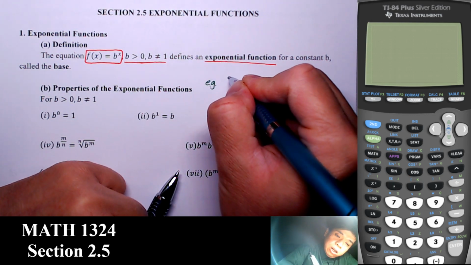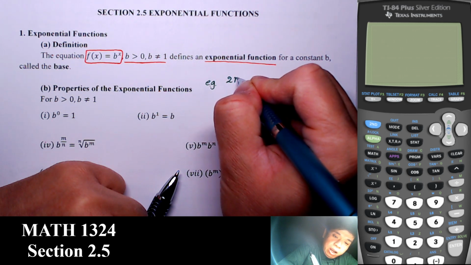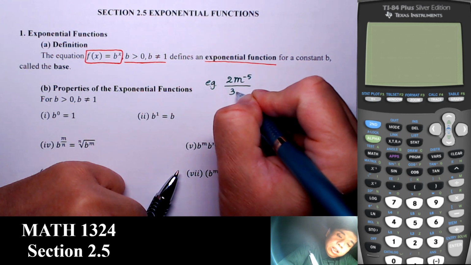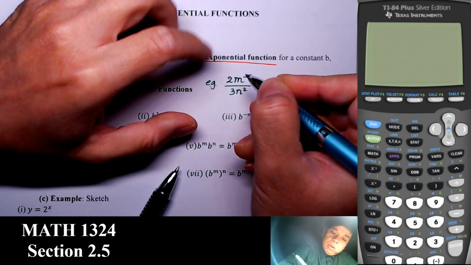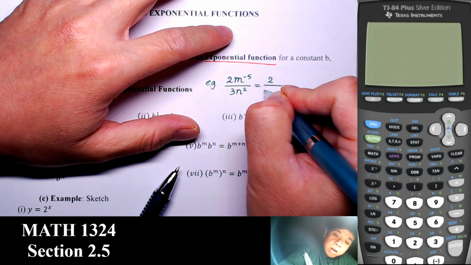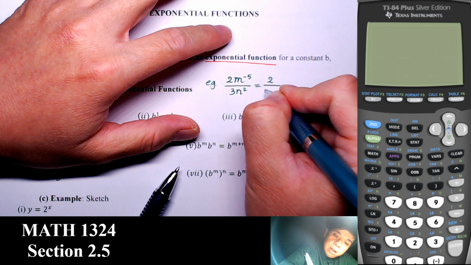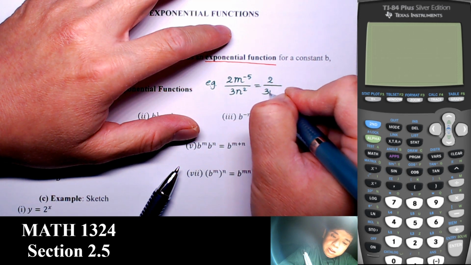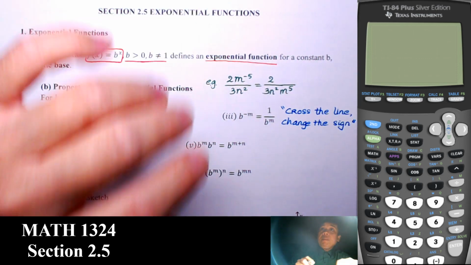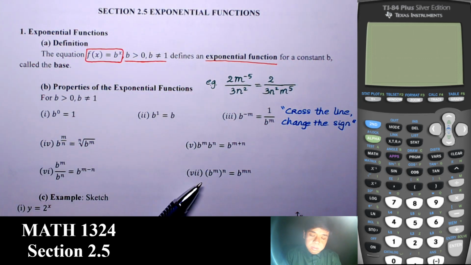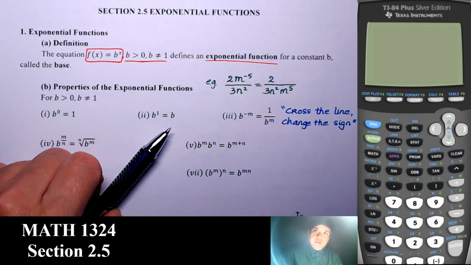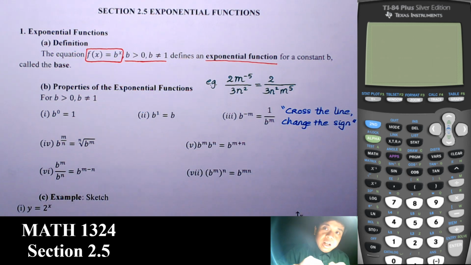Let's say we have 2m to the negative 5 over 3n squared, for example. If that is the case, we move that m to the negative 5 to the bottom, and it becomes a positive exponent. Or if we have a negative exponent at the bottom, we move it to the top, and it's going to be positive. So cross the division line, change the sign of the exponent.